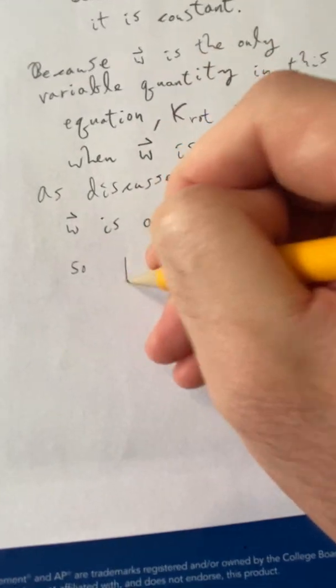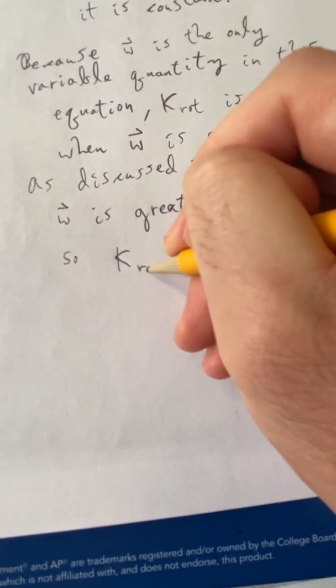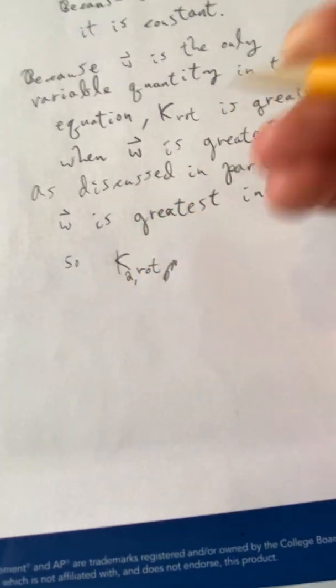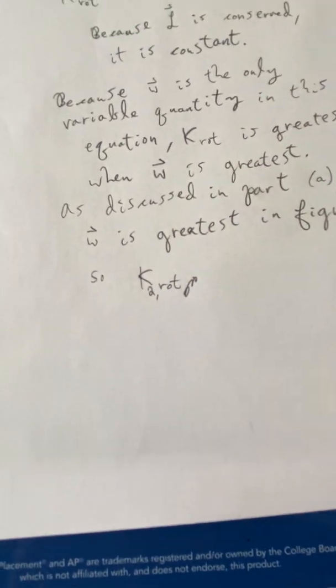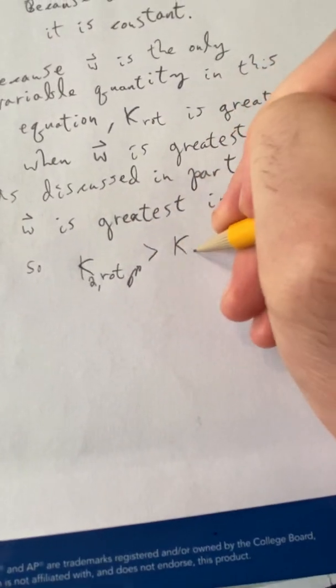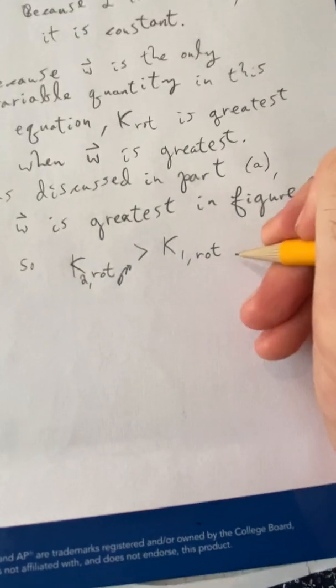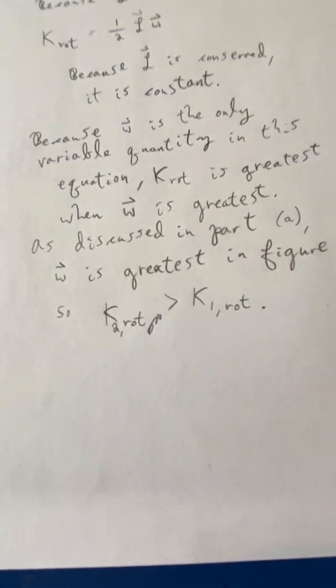So you can say that the rotational kinetic energy in figure 2 is greater than the rotational kinetic energy in figure 1. And that's, again, really all you need to say there.